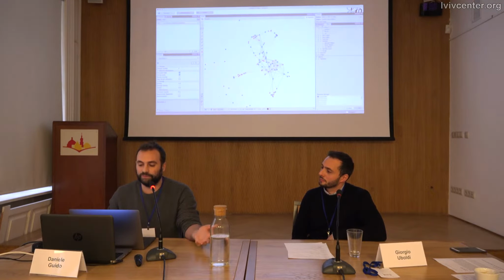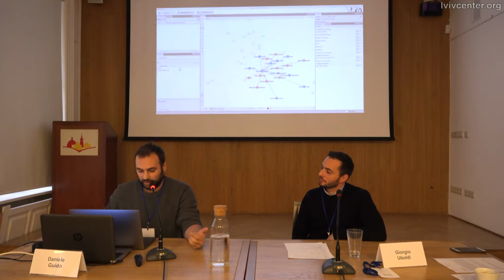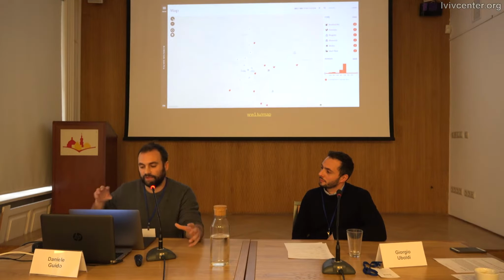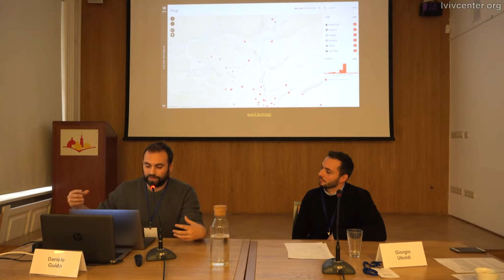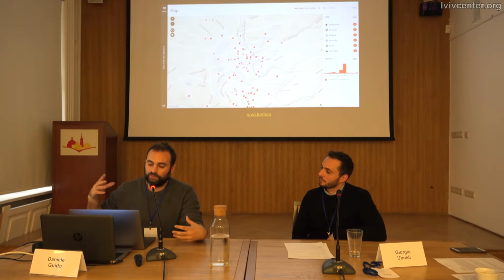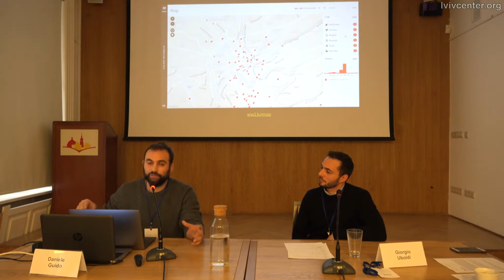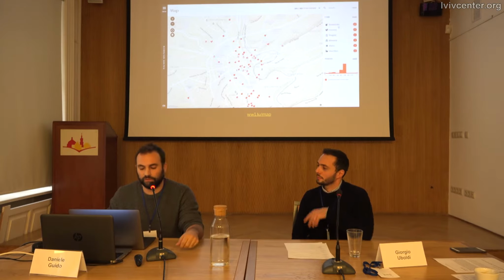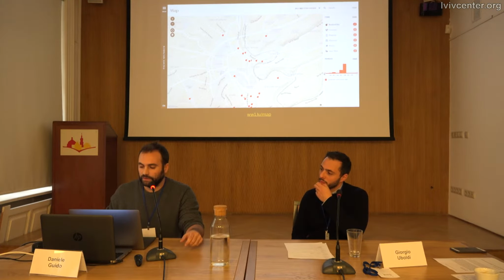You have a big network, you filter it by some attributes, and then you look for some details. It's also very similar to what we did in the part about the map in the Great War project. We have all the events, data that can be georeferenced, and you can zoom in on the map, filter it by type or by date, and then you can get details when you click on the object.